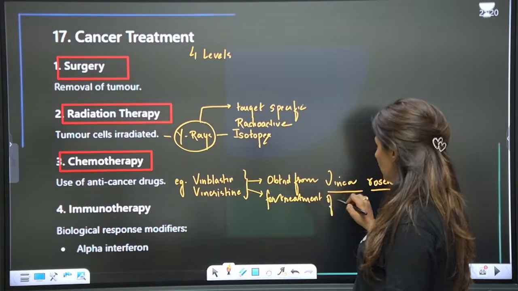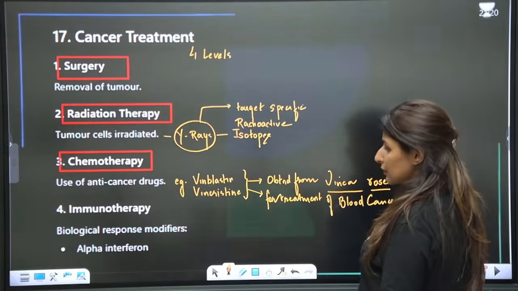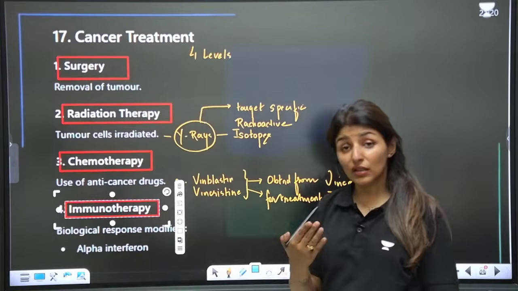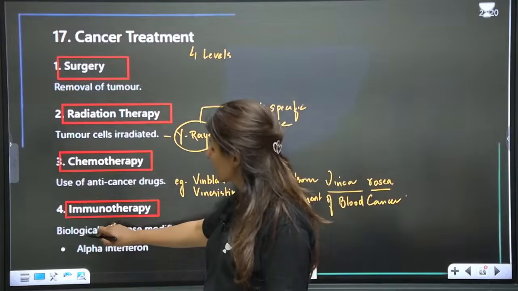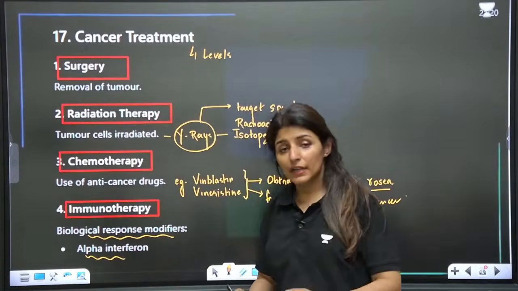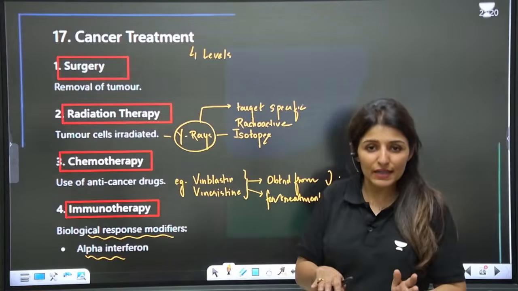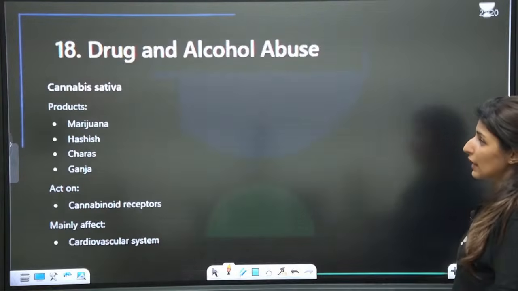Is that clear? And fourth, immunotherapy. So you basically strengthen your own immune system to destroy these cancer cells. So we are using biological response modifiers known as alpha interferons. So your immune system should also support you from inside in destroying these cancer cells. So this is the cancer treatment.